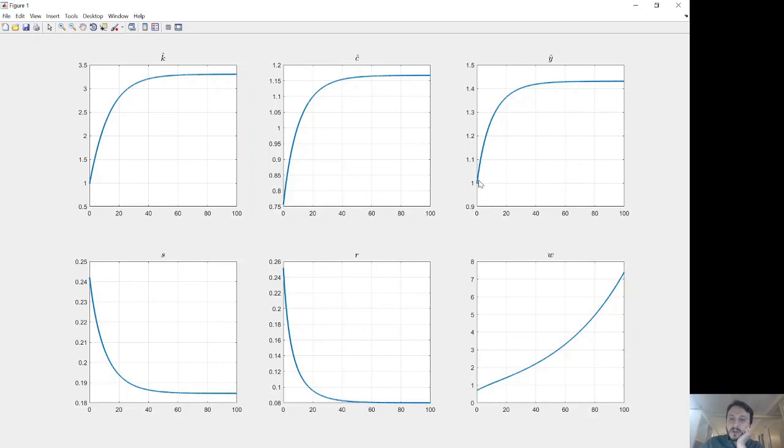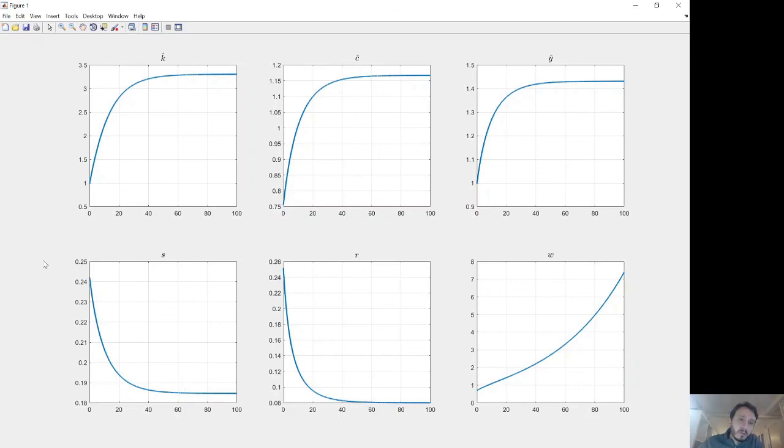So production increases fast in the beginning, in the earlier stages of growth of the economy, and the inputs also increase. So per capita capital increases and reaches a steady state. Consumption increases. In the model, for some parameters, the savings rate can be decreasing, and for other parameters, the savings rate can be increasing.